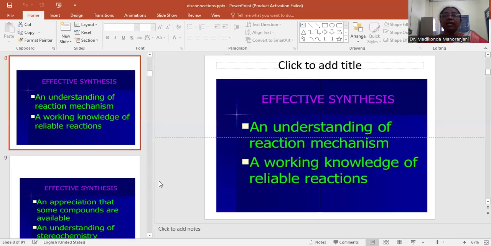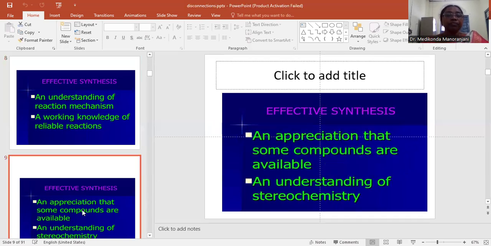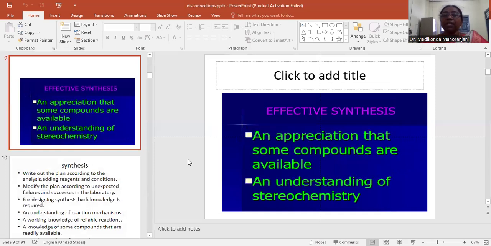Then how do we carry out an effective synthesis? Effective synthesis can be carried out by an understanding of reaction mechanism, a working knowledge of reliable reactions, an appreciation that some compounds are available, and an understanding of the stereochemistry.